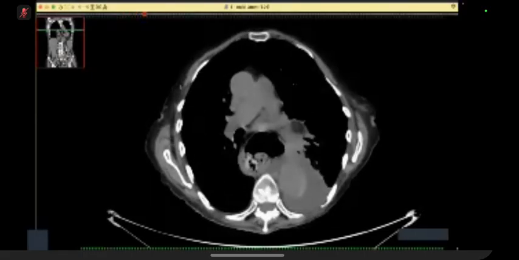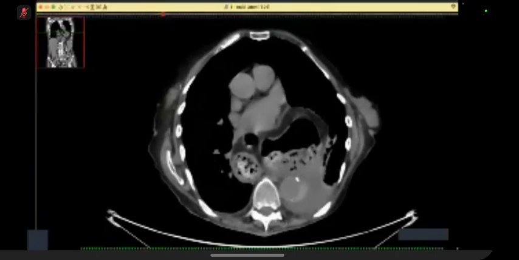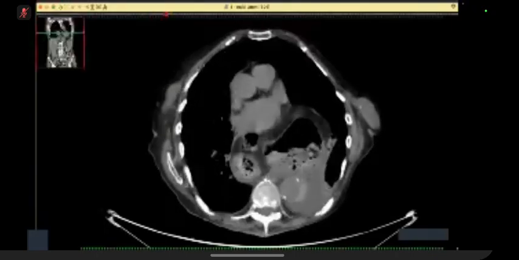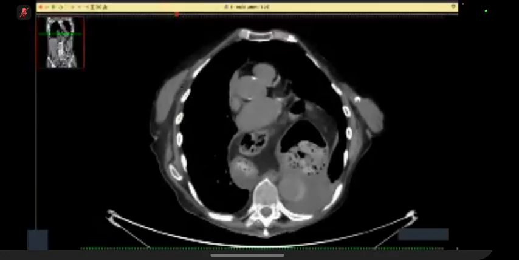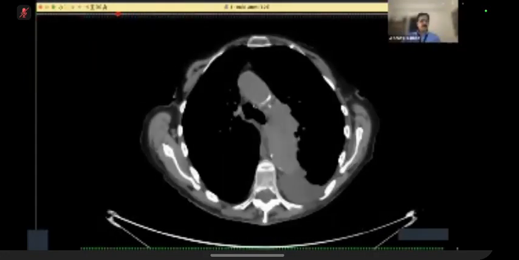No, there's no such hyperdensity. So definitely there is some contrast leak going on, and then there is hyperdensity suggestive of intramural hematoma in the descending thoracic aorta. Okay, what is your conclusion?